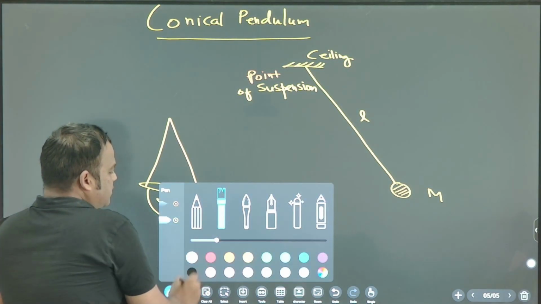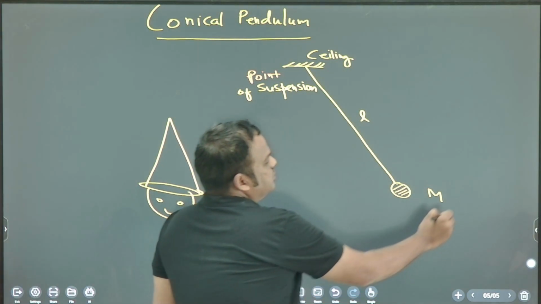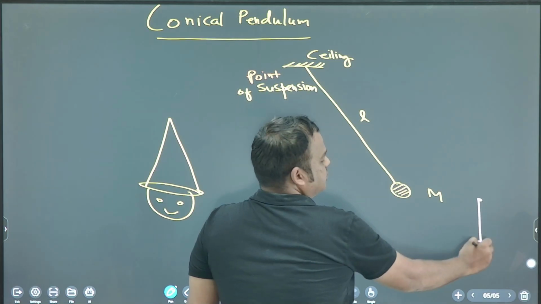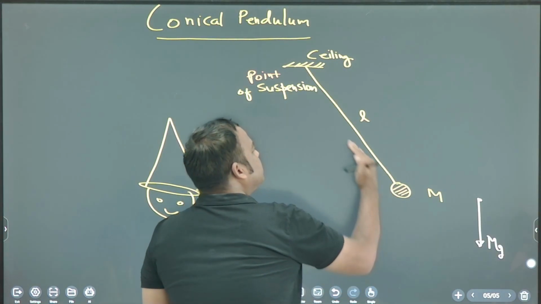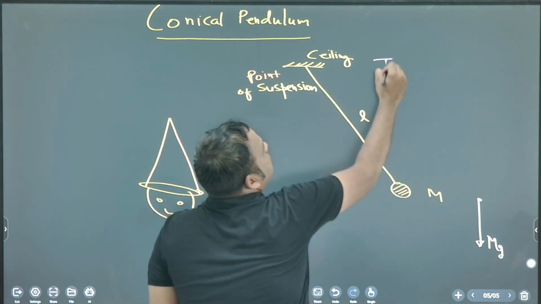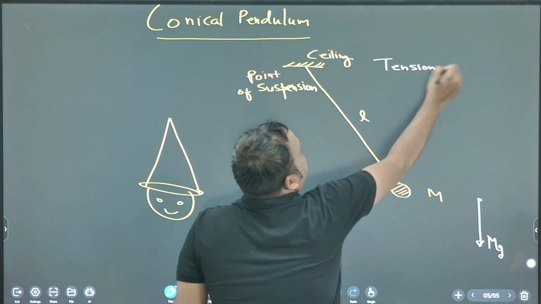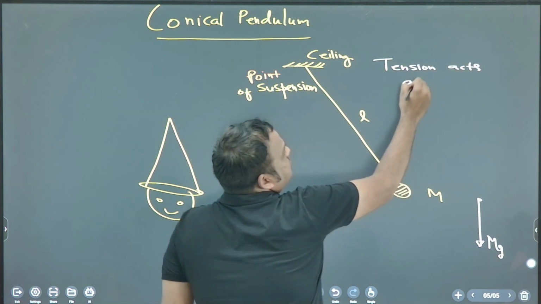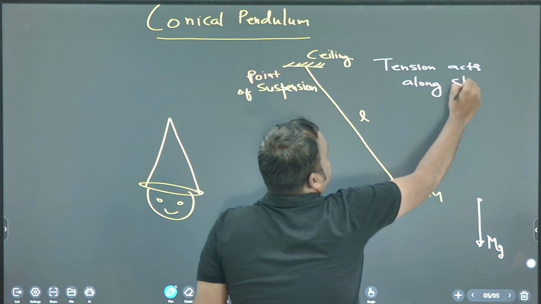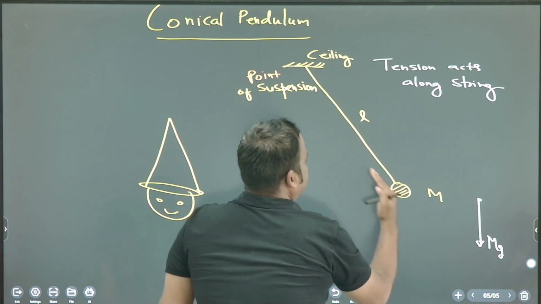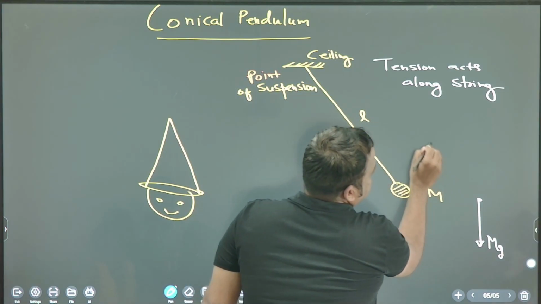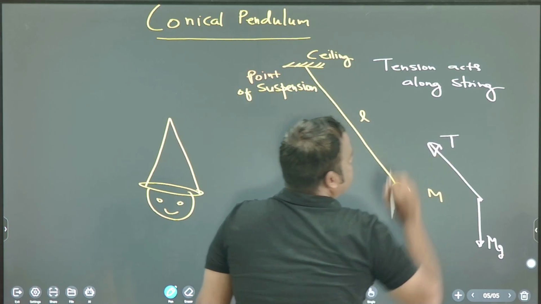Now you tell me, what is the downward force? Mg. And tension will act along the string. Tension is acting like this. Understood? This is the tension.